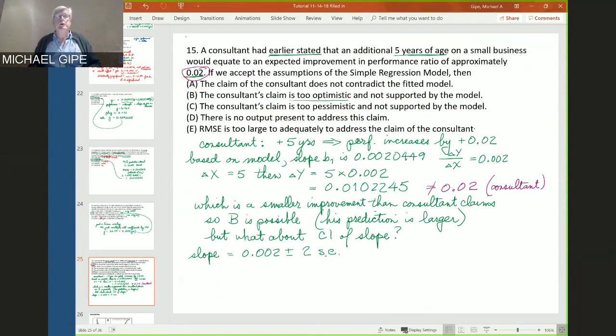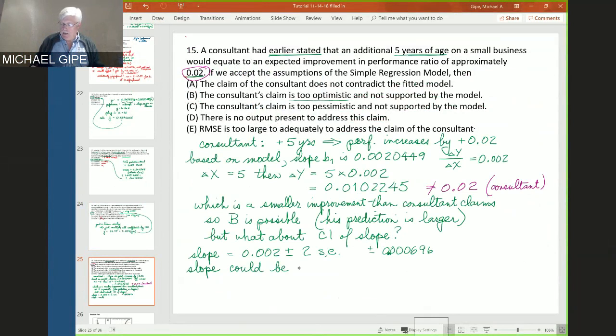Remember that we normally will use a 95% confidence interval for anything, even if the other questions specify a 90%. That's not what we're working with. So that's plus or minus 0.00696.